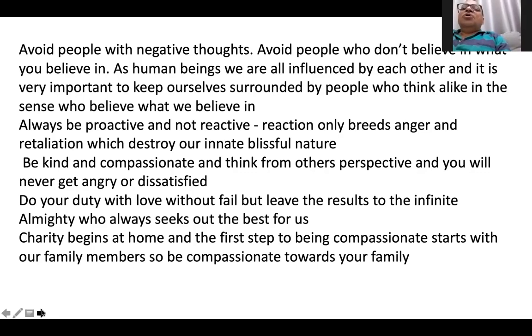Now, coming to always be proactive, not reactive. Why proactive? When you're proactive, you assimilate a lot of things and gain knowledge of a lot of things, and then you can selectively take what is required for you and throw away the other things, right? Rather than reaction, where you're covering your chakras, already closing them, and not allowing them to open up.